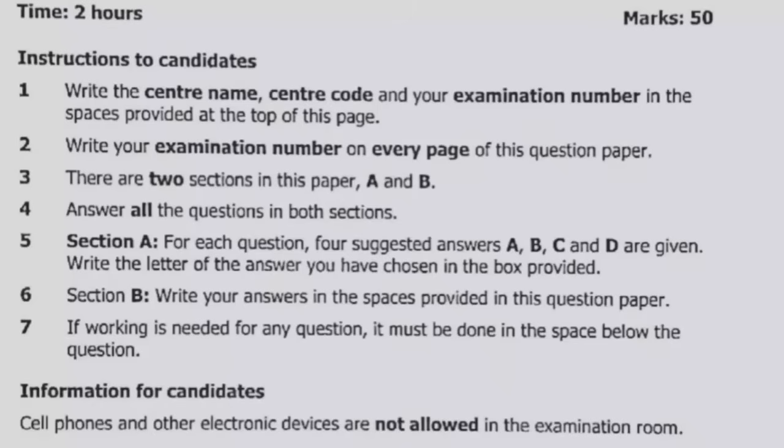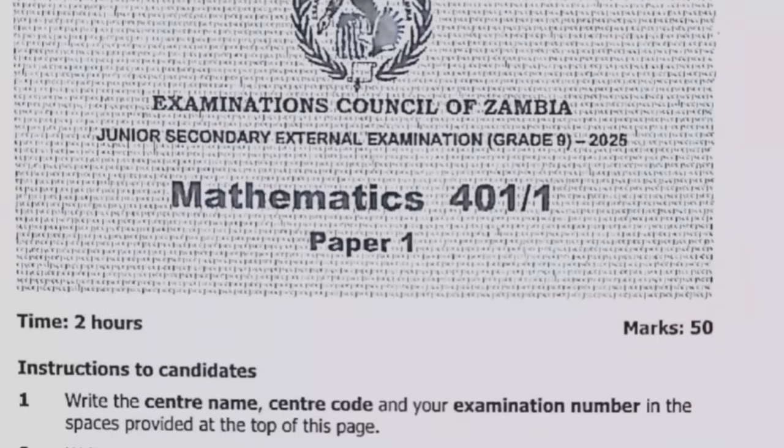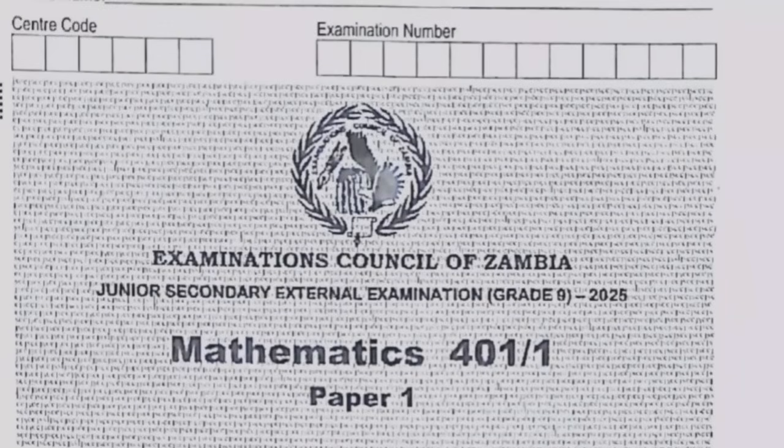So let's start with instruction number 1. Write the center name, center code, and your examination number in the space provided at the top of this page. At the top of this page there is a center code and examination number, so make sure you write those in the spaces provided.